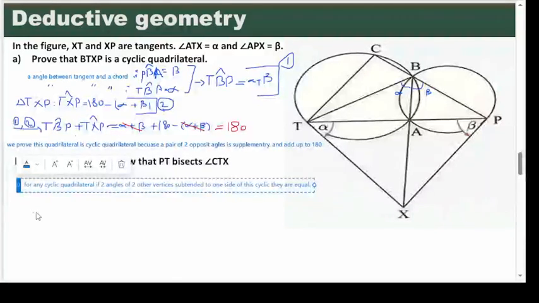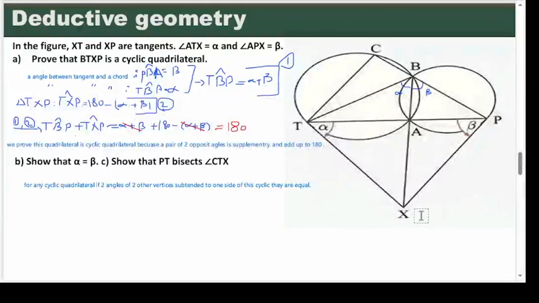So I use this rule. So for side XP, these angles and these angles from the other vertices subtended to this side.